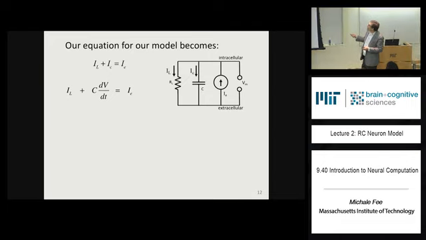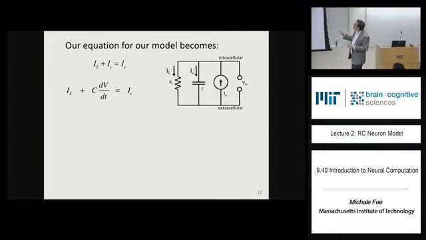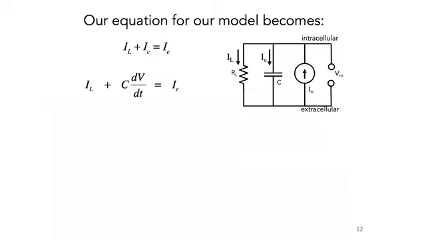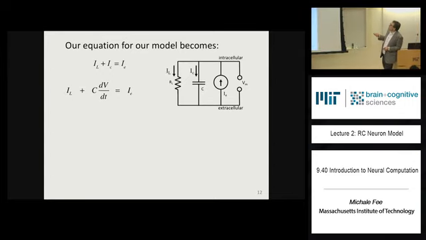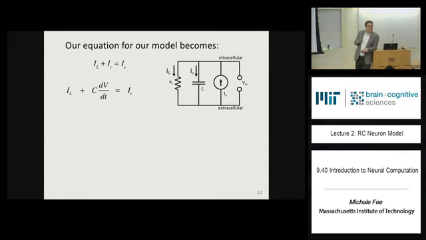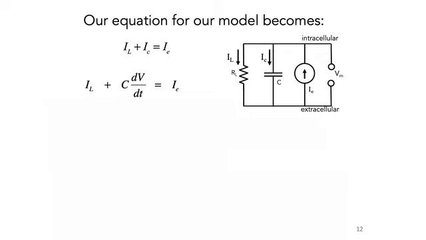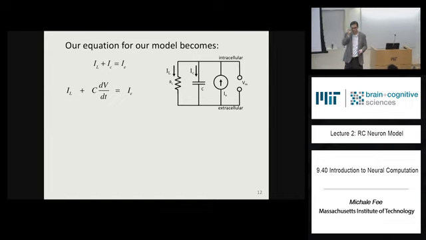We're going to call that our leak resistance, and that current will be our leak current. Now, Kirchhoff's current law tells us what? That the leak current plus the capacitive current has to equal the injected current. Right?